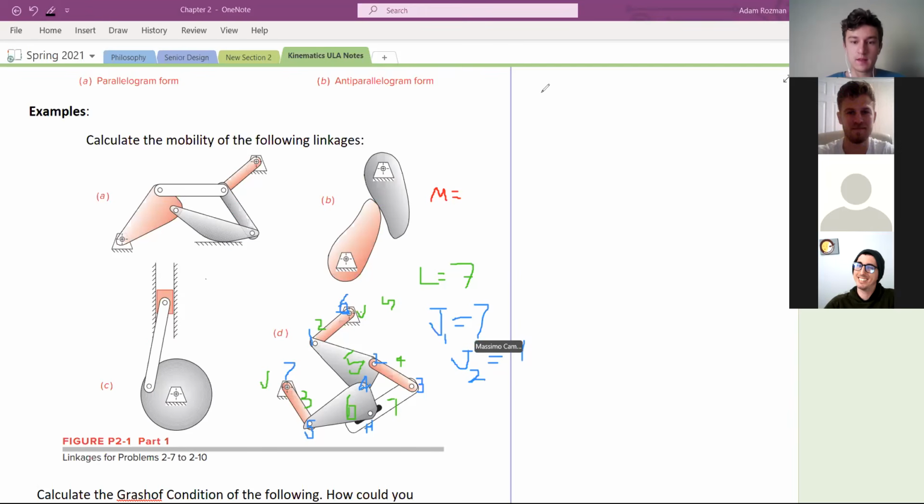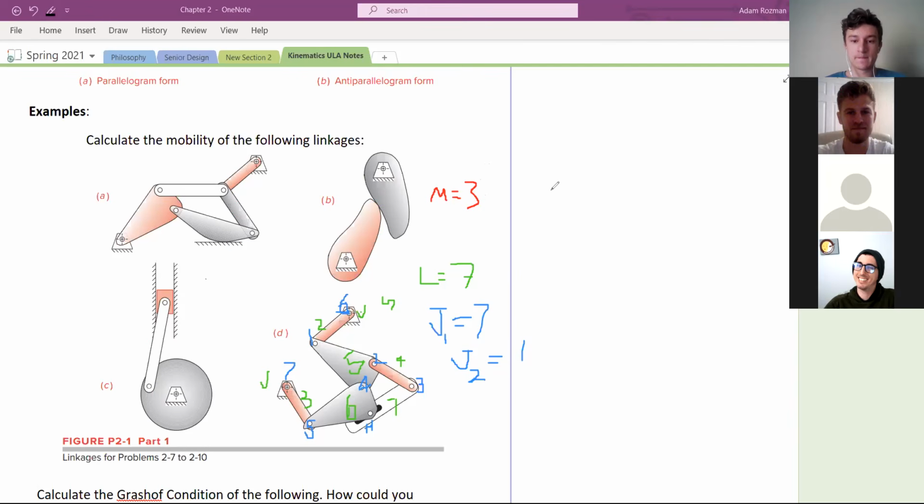Okay. So then that's 3 times 6, which is 18, minus 2 times 7, 14, so 4, minus 1, so 3. Yeah. So you get a mobility of 3 for this equation.